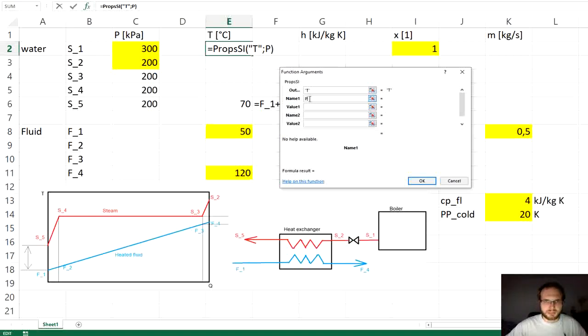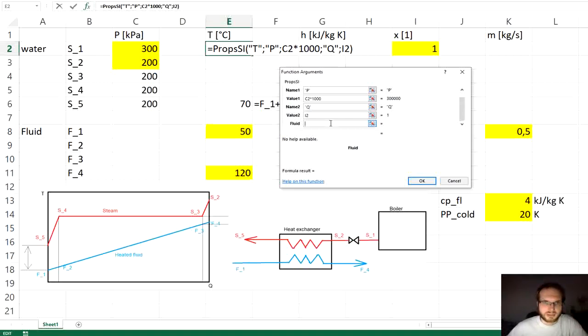So the first one will be pressure, but so we have the pressure here, but because this function wants basic fundamental SI parameters, SI units, we need to multiply it by 1000. And the other parameter will be the steam quality, which in Coolprop has the symbol Q, and the value is over here.